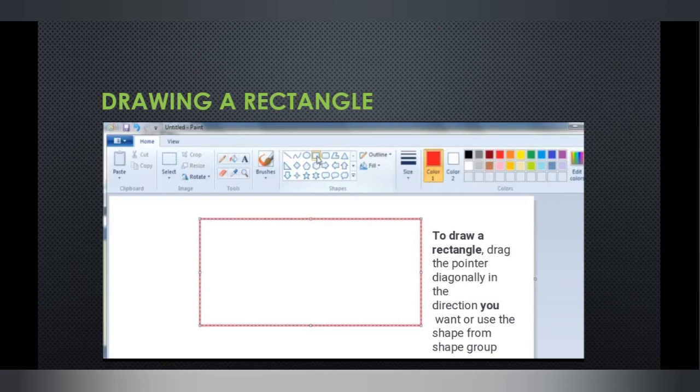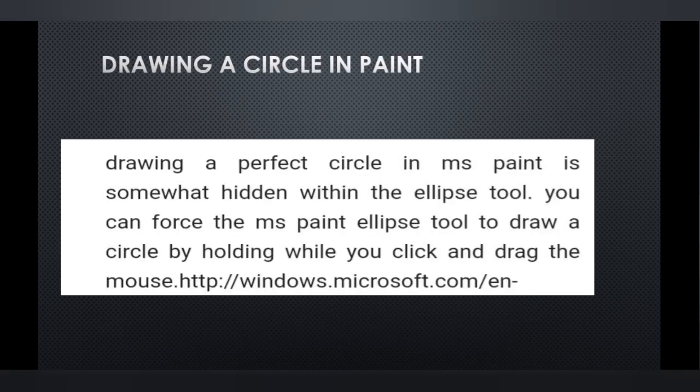To draw a rectangle, you drag the pointer diagonally in the direction you want to use the shape from the shape group. So first you have to select, then click that pointer on your drawing area, and then just drag it diagonally, then only you will get this rectangle ready as it is looking in the picture.